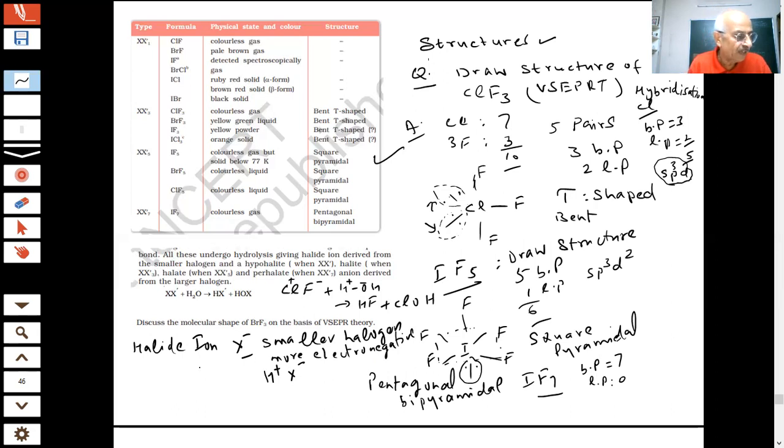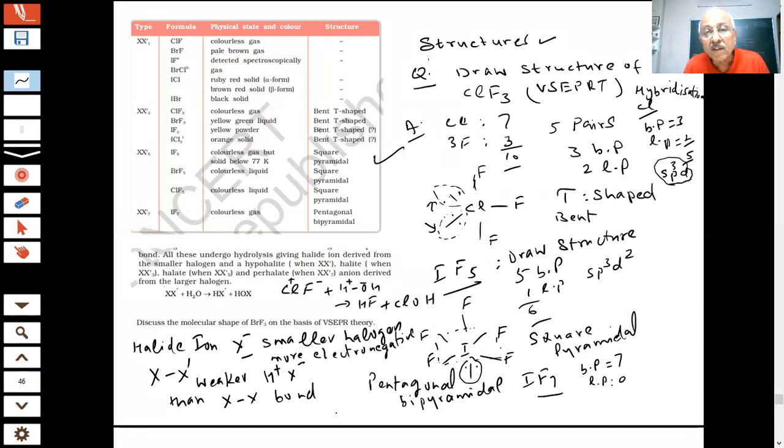And further, we have seen that this XX dash bond is weaker than the XX bond. These bonds are weaker, therefore they will dissociate faster. They will be more reactive.